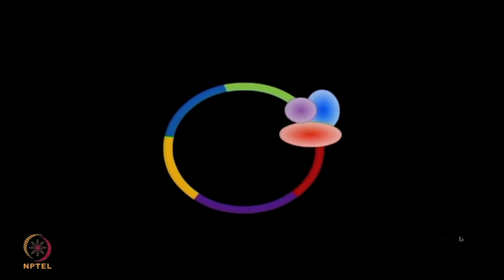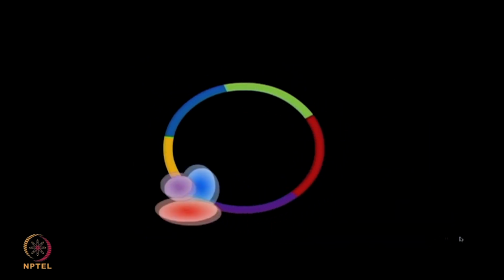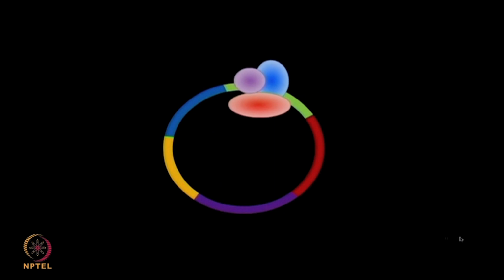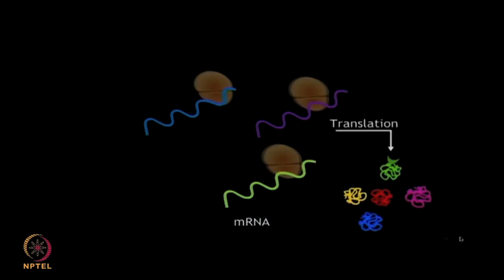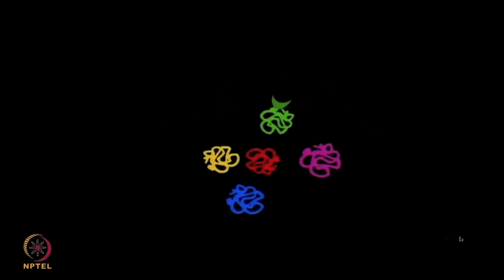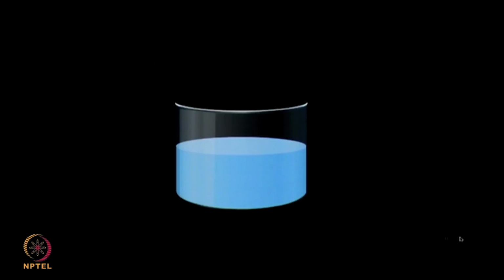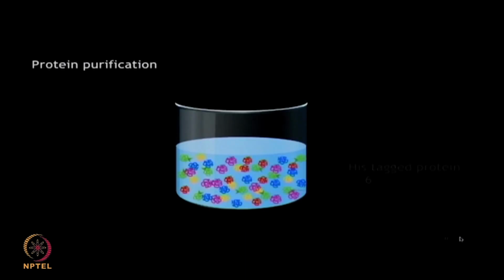The host cell machinery is used for transcription and translation, which results in a mixture of proteins consisting of the target proteins along with other host proteins. Since the protein of interest is expressed along with other proteins native to the host, it is essential to purify the target proteins before they can be used for protein microarray application.